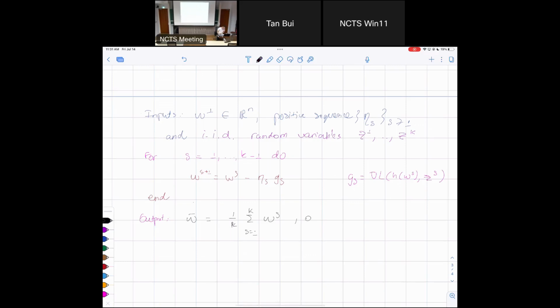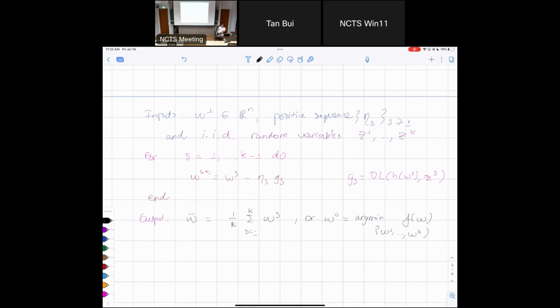Either we output that, or we output the minimum of F of W over W1 to WK.